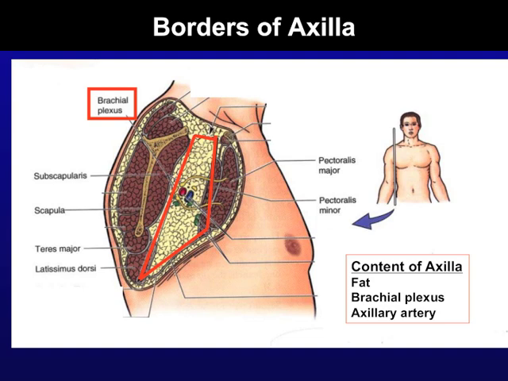Indeed, for those that have dissected an axilla, it is not uncommon to extract a few cups of fat even from a relatively thin individual. This is normal. The fat is there to act as a dampening buffer for the other important structures present in the axilla, the brachial plexus and the axillary artery and its corresponding veins.